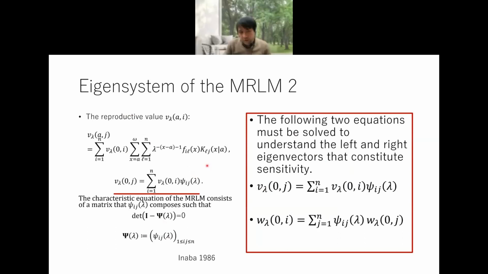Here, the following two equations must be solved to understand the left and right eigenvectors that constitute sensitivity. I will explain the sensitivity after this slide, so please wait a second.